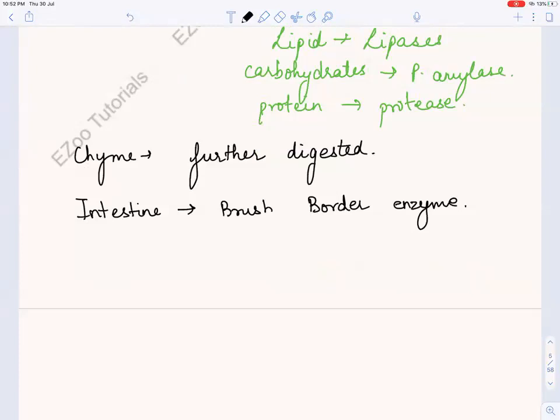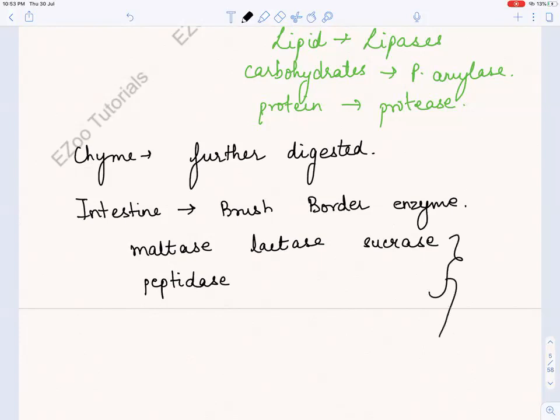Just for your little information, maltase, lactase, sucrase. You know why I'm telling you? So that when we study, you are a little bit aware of what is going on. Peptidase, and all these things help in what? Sort of final digestion in the small intestine.